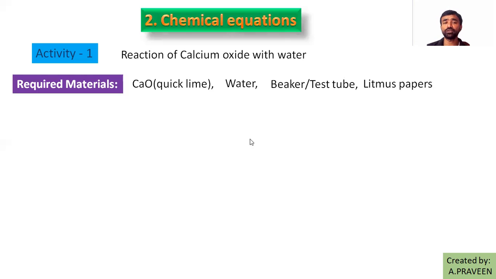Then how to complete the procedure? First of all, you take a beaker, add water to it first, then add the other substance. Suppose the beaker is filled with water, then what to do? Just before adding calcium oxide into the beaker, you need to touch the beaker to know about the heat energy of the content. Then add the quicklime.